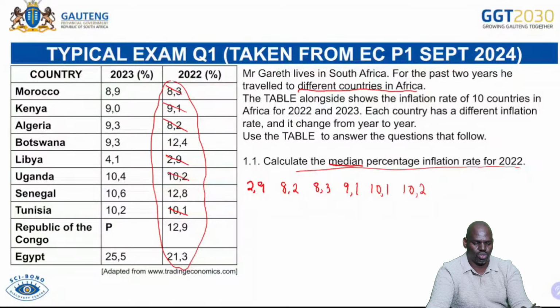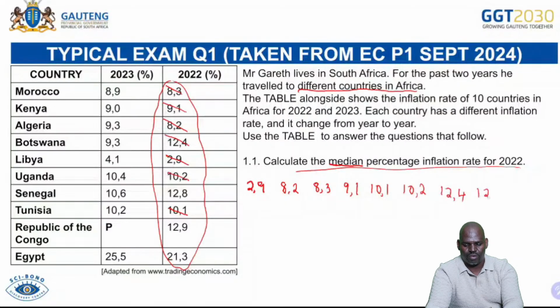And then after 10.2, I've got 12.4. Then after 12.4, I've got 12.8. After 12.8, I've got 12.9. And then after 12.9, I've got 21.3.